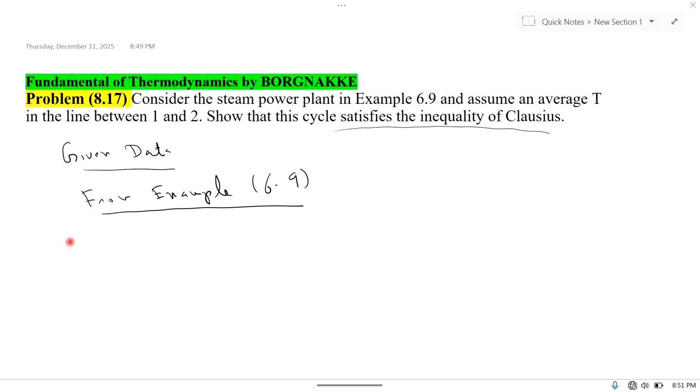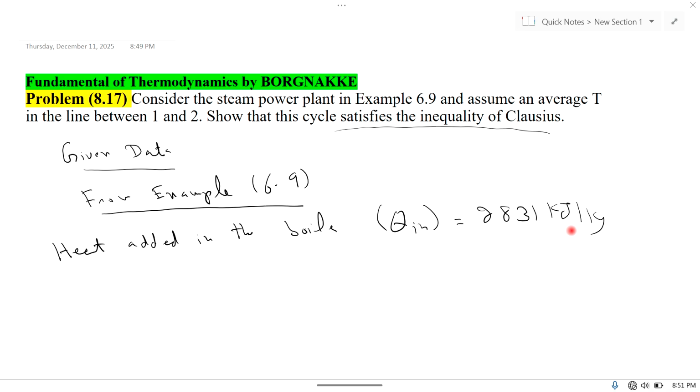So heat added in the boiler is denoted by Qn, and from example 6.9 it is 2831 kilojoule per kg, and the temperature of the boiler is equal to 573 Kelvin.